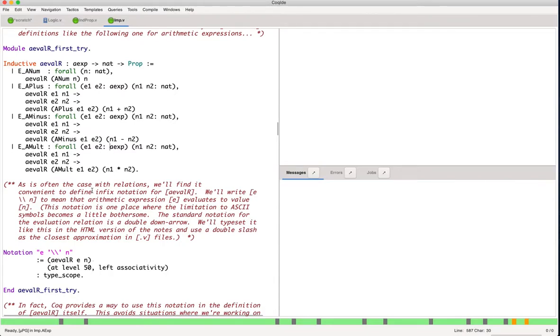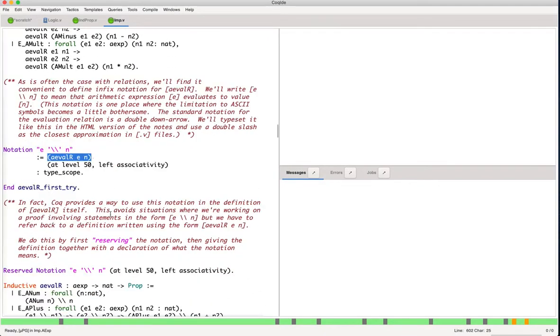Now, one of the points they make here is that it's often a bit hard to read these definitions because of all the repetition of this a eval R. So like in the inference rules, they define a notation with the double slash that says e double slash n is the same as a eval R e n, with a bit of precedence and associativity to make it work nicely.